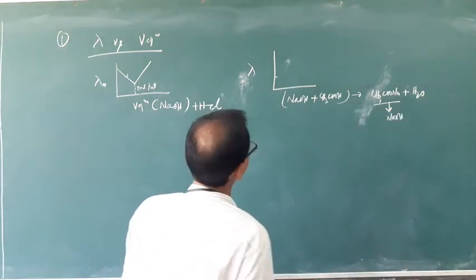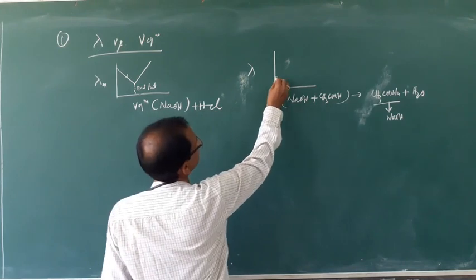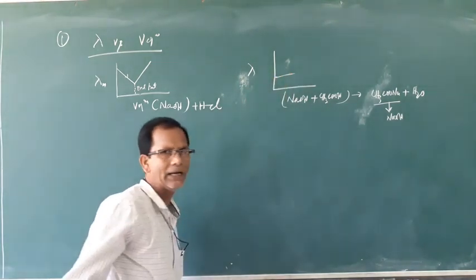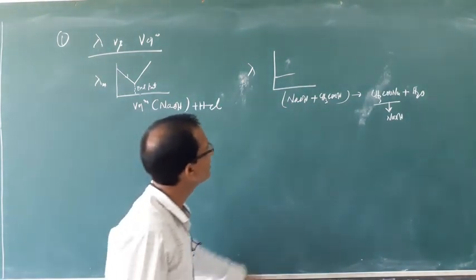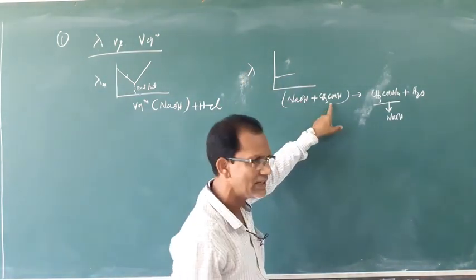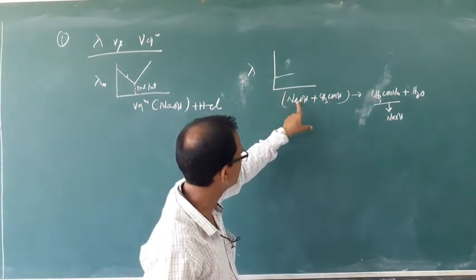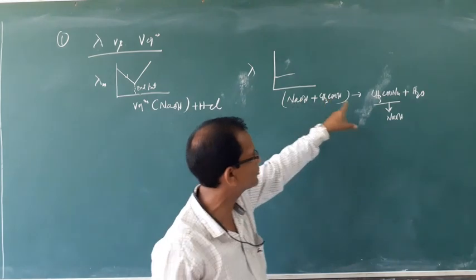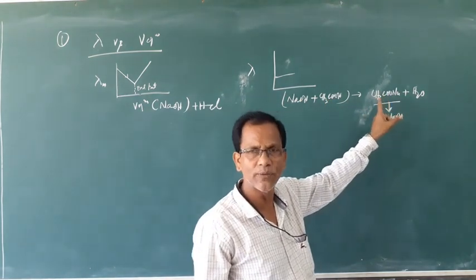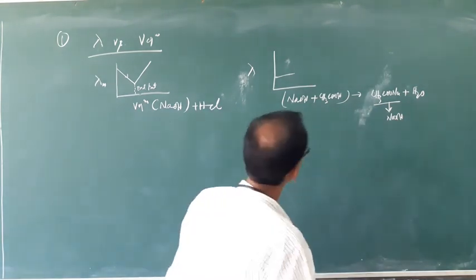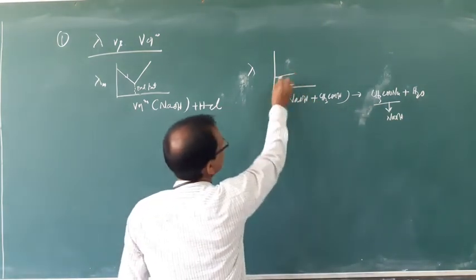Automatically, what happens? The conductance will be slowly rising, not very high, slowly rising, because by addition of NaOH to the acid, the acid being a weak electrolyte, conductance is very less, but the addition of NaOH forms sodium acetate, and that sodium acetate forms NaOH. So the OH minus in the solution will be increasing.